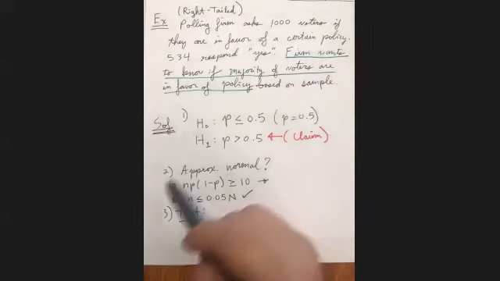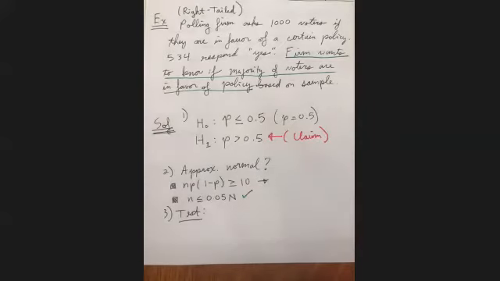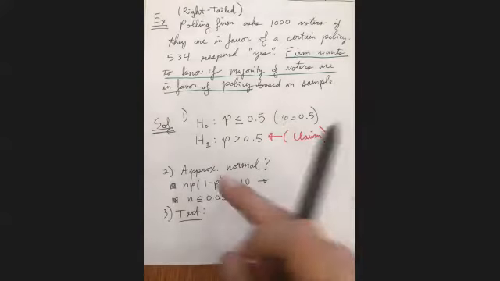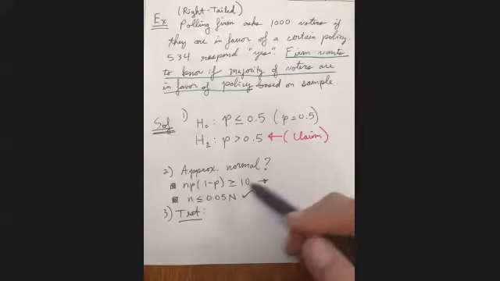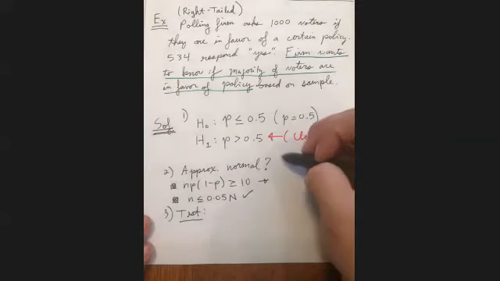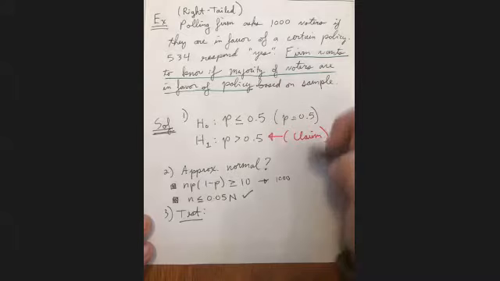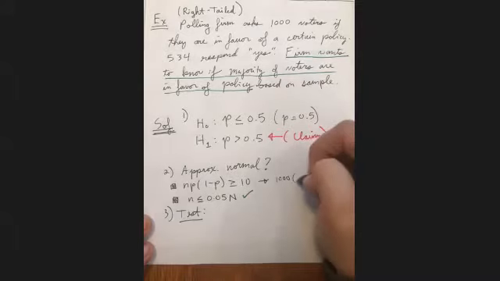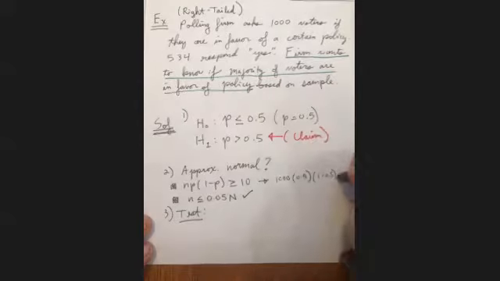This is a condition basically on the variance or the standard deviation for your distribution. So let's see what this would be. We have 1,000 for our n, and then 0.5 for p, and then 0.5 for 1 minus p.